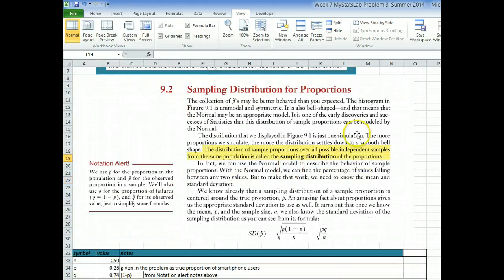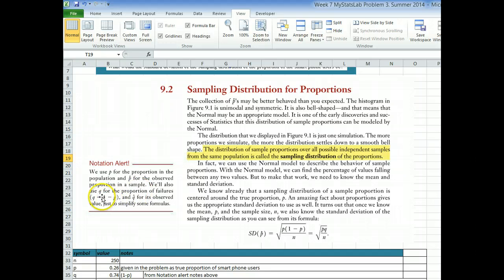And this is a recap from the textbook. It gives you a couple of symbols that we're going to use. We're going to use P as the proportion for the population and P hat as the observed proportion of the sample.